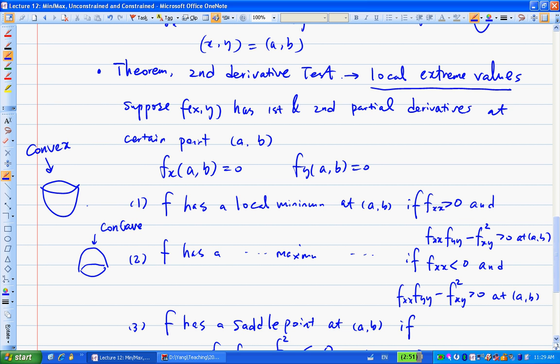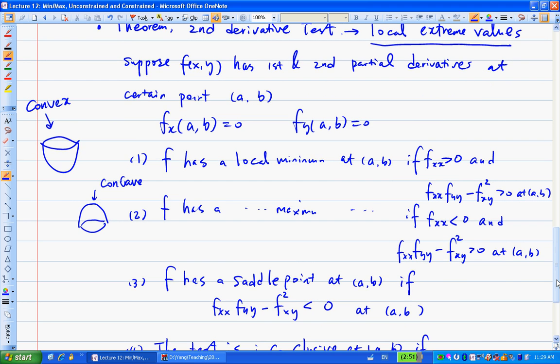That's concave. Okay, that's possible. I think I'm going right. This is convex. We'll talk about that after class.